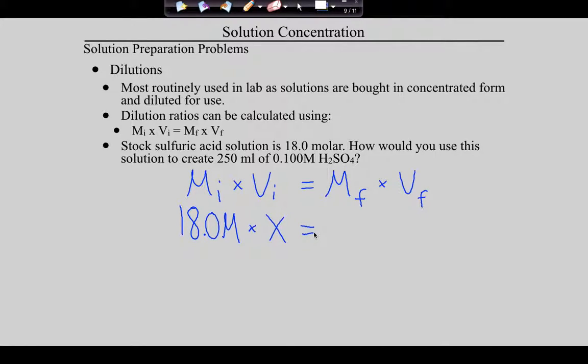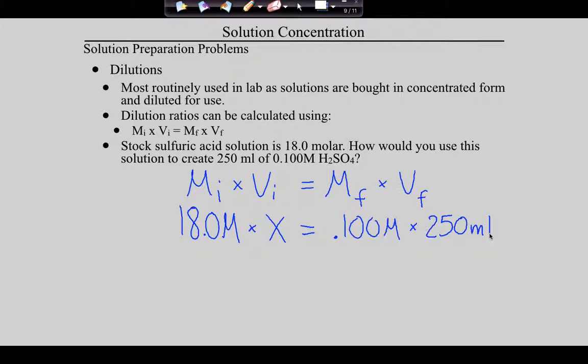Now guys, this is our X. What we're trying to figure out is how much of this horrible stuff do we need? Well, we are going to make a solution that is finally 0.100 molar, and we want 250 milliliters of this stuff.